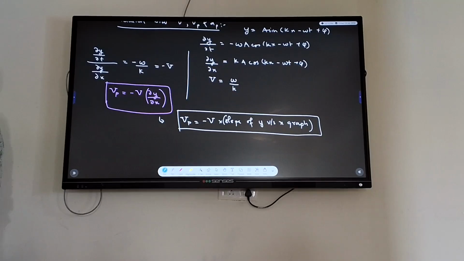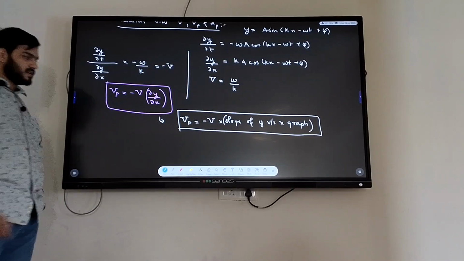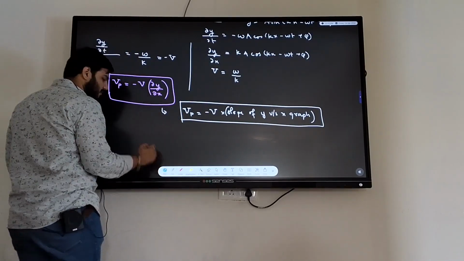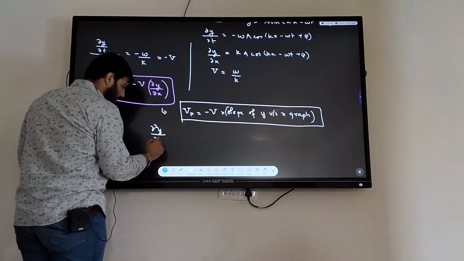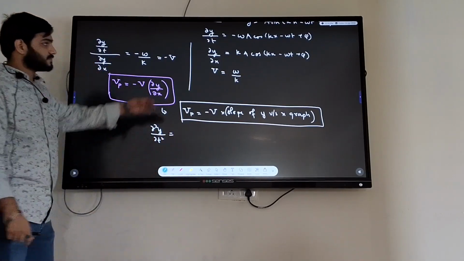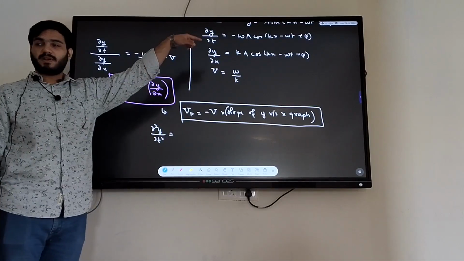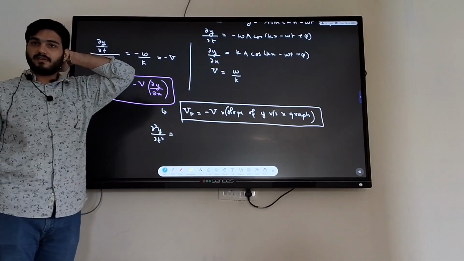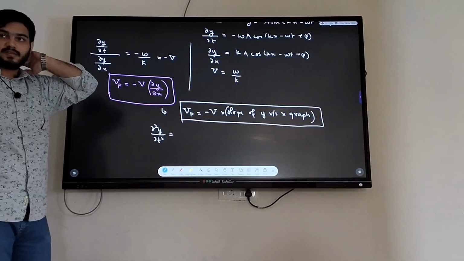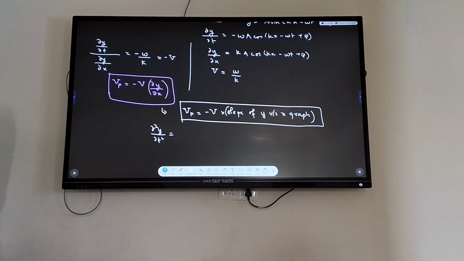Now let's try to find a relation between acceleration and other things. What is the acceleration of the particle defined to be? That's del 2y by del t2. We take the second derivative. Can you tell me the second derivative value just by looking at it? Come on, you can do it in your head.